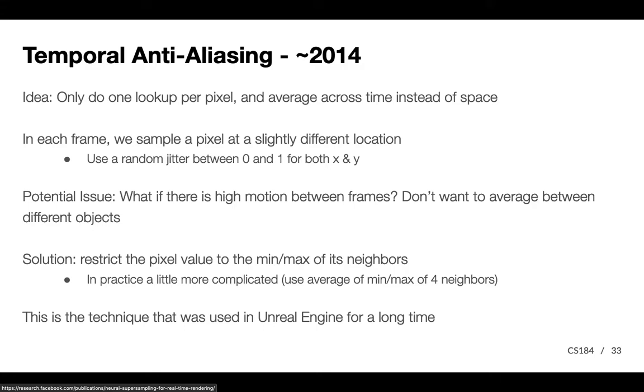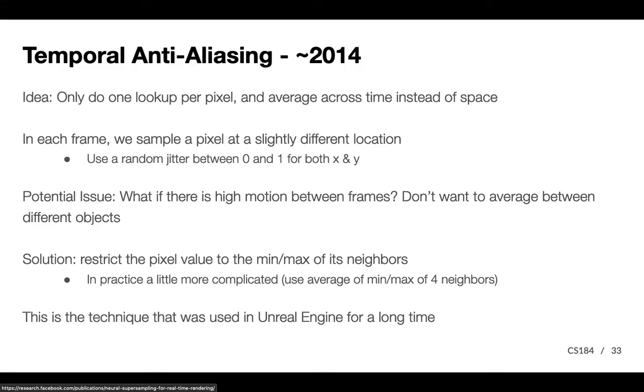One thing to note is that because it's temporal, this works much better for game engines or rendering movies, where you have successive frames and you want to reduce aliasing in all of them, as opposed to just rendering a single image. So in each frame we sample a pixel at a slightly different location.